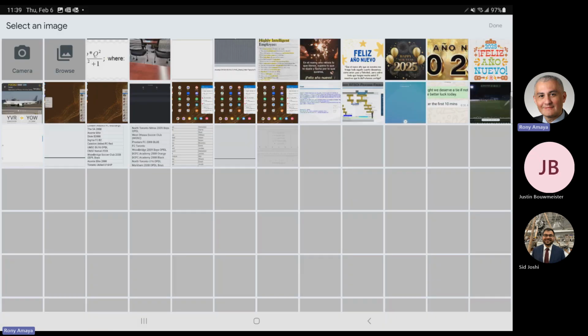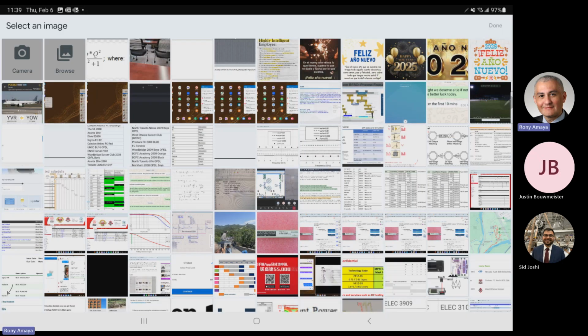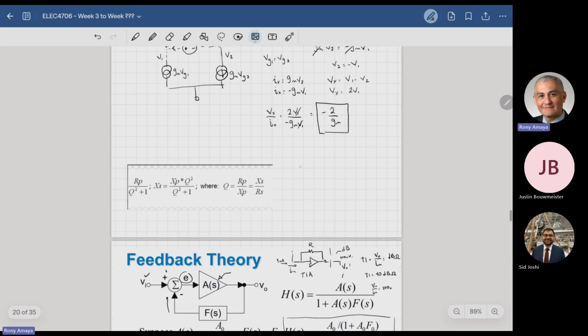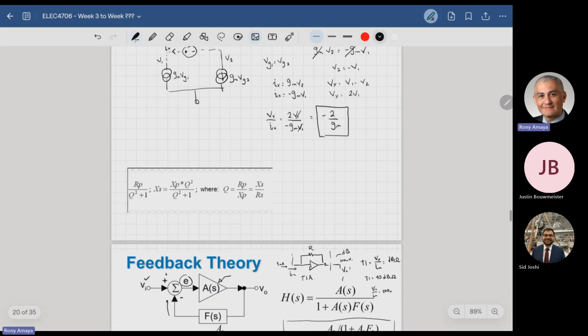Where did the other one go? Browse camera. Is it this one here? Nope. Okay, let's just cancel this. So effectively what we had is, I'll just throw it here.